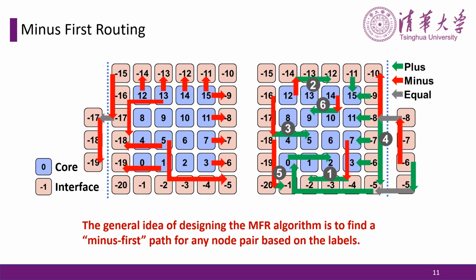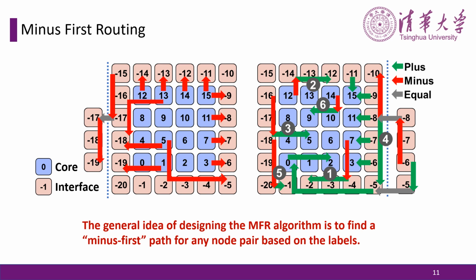Minus-first routing is a routing algorithm that restricts turning to a minus channel while the current channel direction is plus. In other words, the message is delivered across a few minus hops first, and then across a few plus hops to the destination. Paths that follow the routing rule are called minus-first paths.